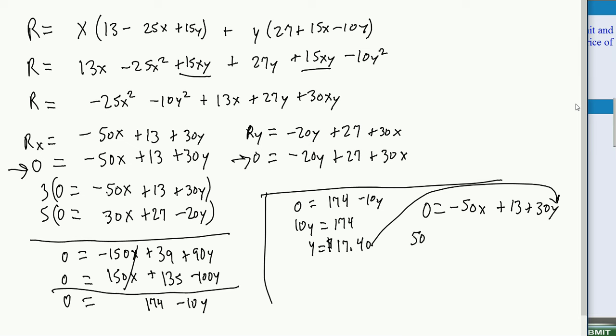I'm going to go ahead and move that 50x over. Let's multiply out and add up on the right side there. 13 plus 30 times 17.4 is 535. And all we've got to do is divide each side by 50. That's $10.70.